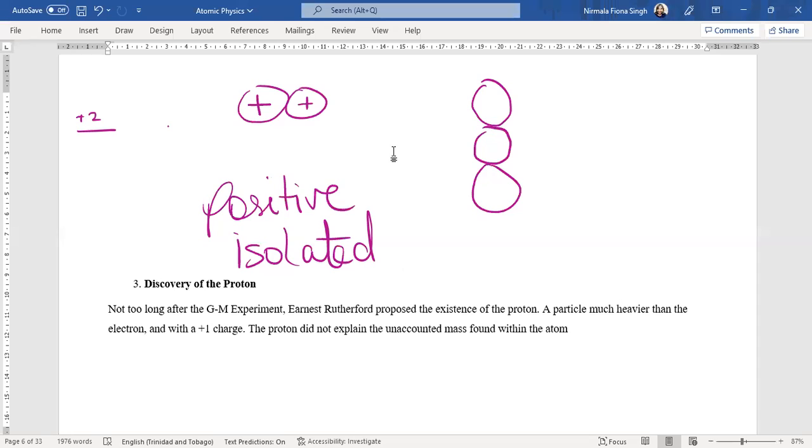They will repel each other, because I hope you all know this from chemistry. If you bring two like charges, positive or negative, close together, they will repel each other.